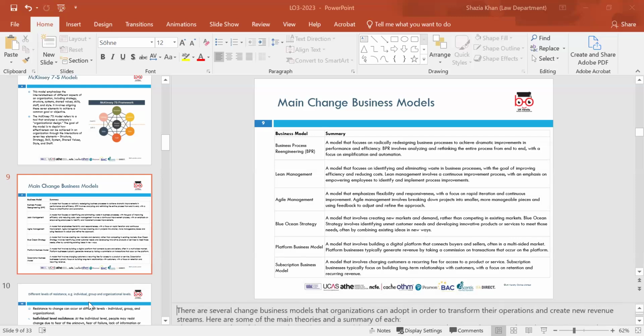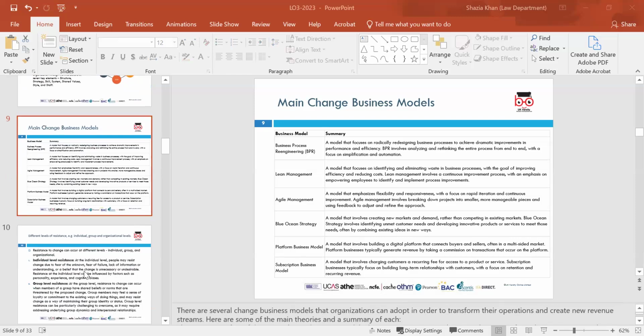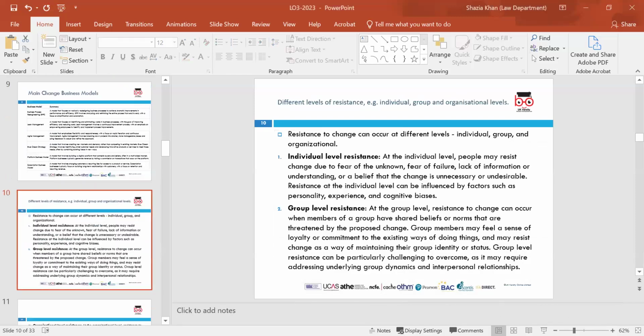Yeah. Different ones work differently, and the theories work differently for different organizations. So there are different levels of resistance: individual, group, and organizational levels. People are resistant to change.